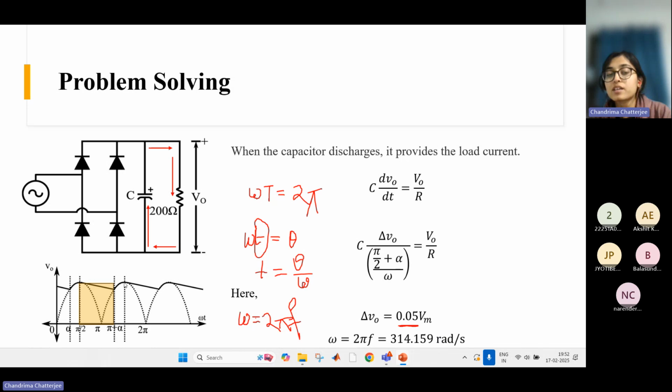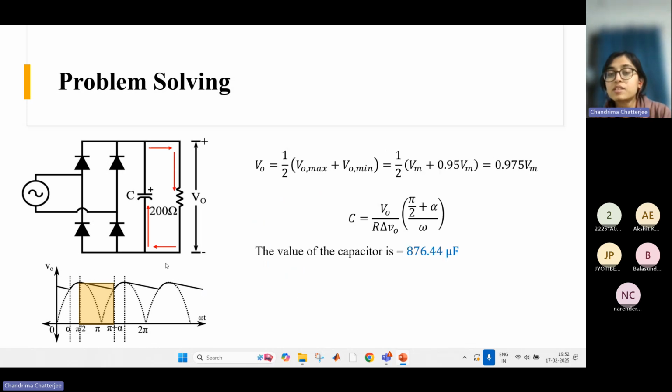That is half of max plus min, right? If you have a quantity which is pulsating at a certain frequency, it has a maximum and minimum. So what is the approximate mean? The approximate mean is 0.5 times its maximum plus its minimum, right? That is the mean of the quantity. So that's what we have found out.